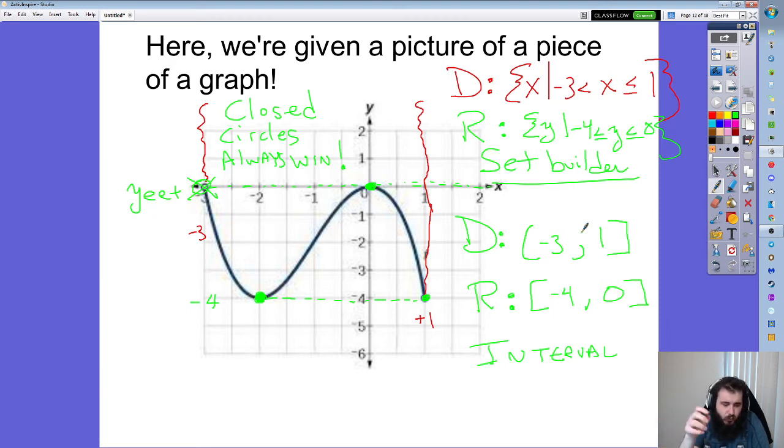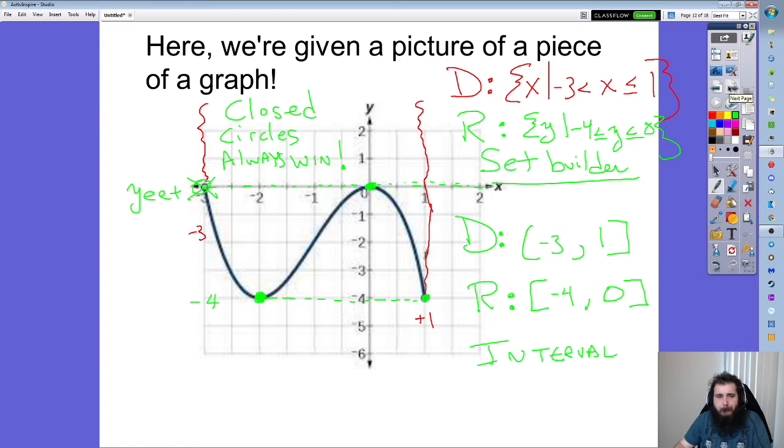But when you are turning in work to me, you can always expect that whether you give me set builder notation or interval notation, you are correct as long as you give me the right thing, right? Make sure to identify where it's going to be a parentheses, where it's going to be a bracket. All right? And we'll see more of these in a little bit, so we'll talk more about this.